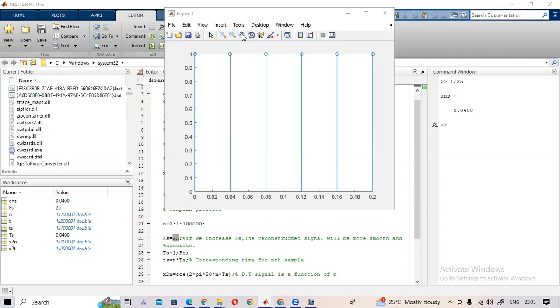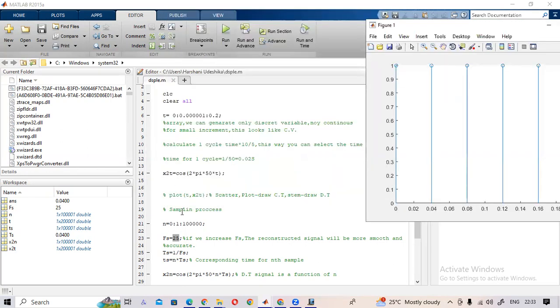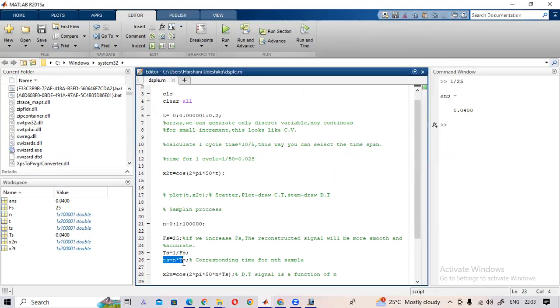For that number of samples, there is a corresponding time, which can be calculated using this relation.